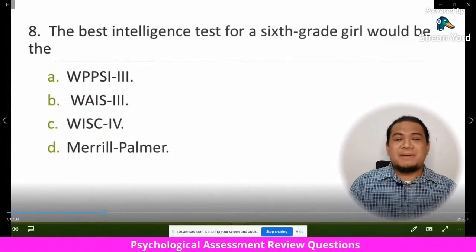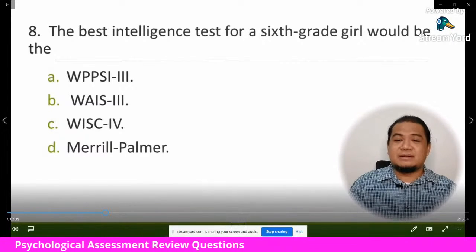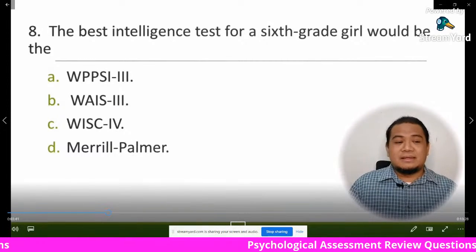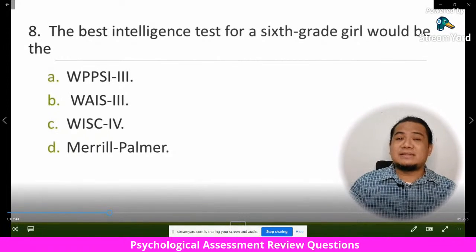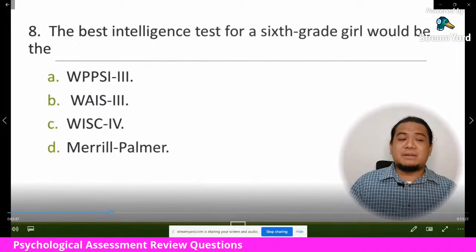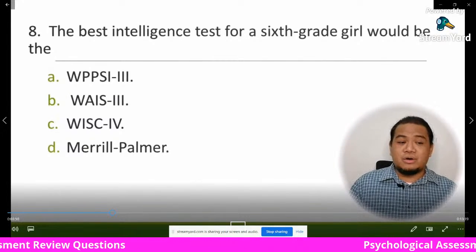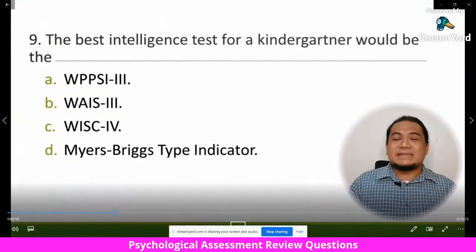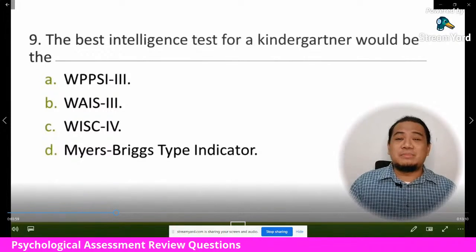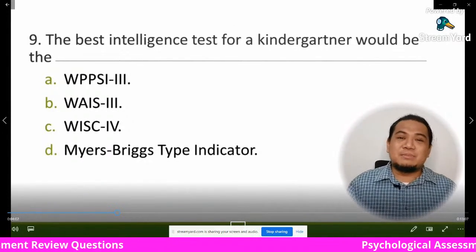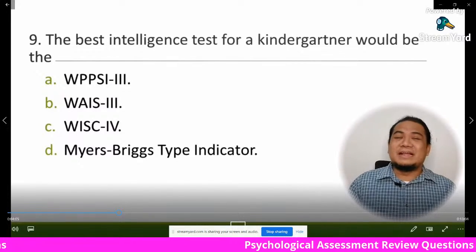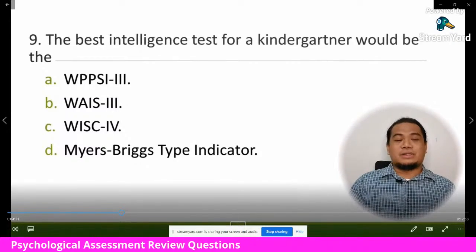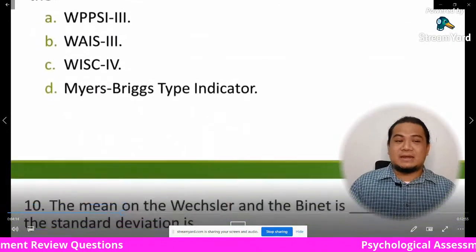Number 8, the best intelligence test for a 6th grade girl would be the: A. WPPSI-3, B. WAIS-3, C. WISC-4, or D. Merrill-Palmer. Number 9, the best intelligence test for a kindergartner would be the: A. WPPSI-3, B. WAIS-3, C. WISC-4, or D. Myers-Briggs Type Indicator.